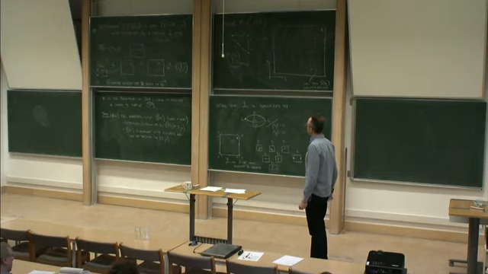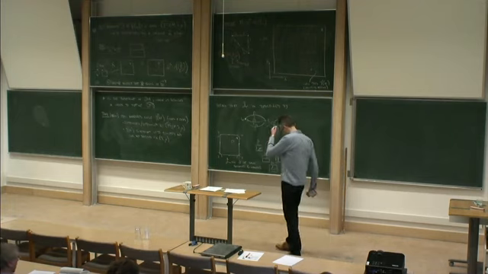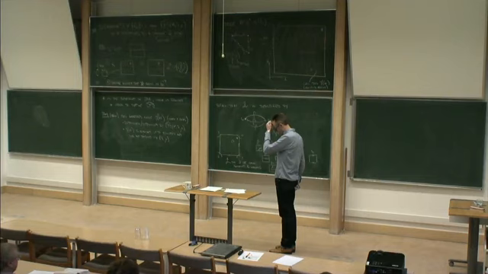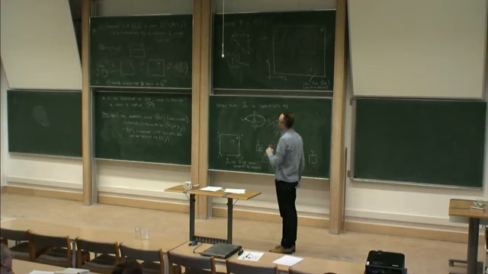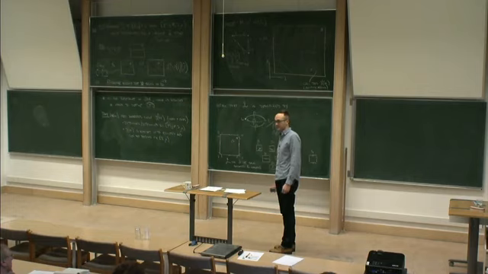But the reason there's no vertical thing is because it's homotopic. I think I have to tell you one more thing before that picture makes any sense. That's what's going on.